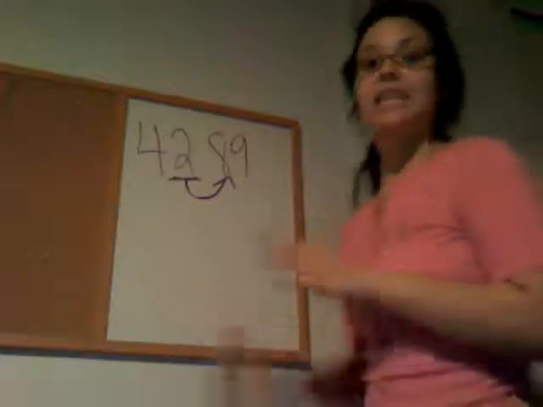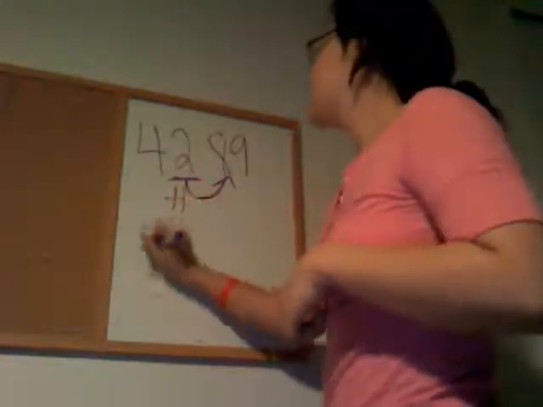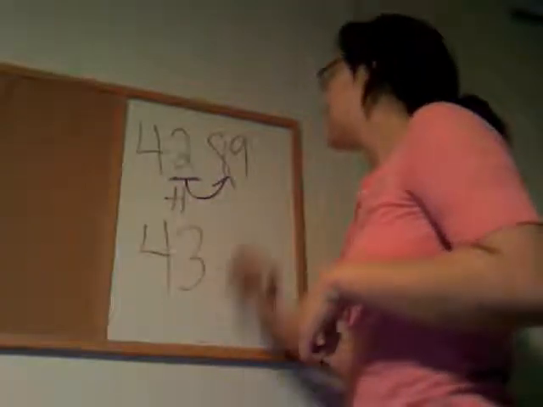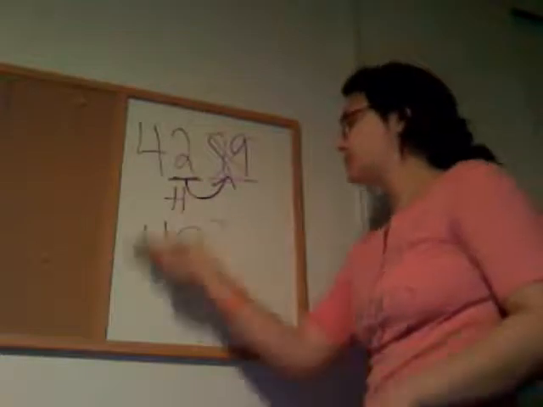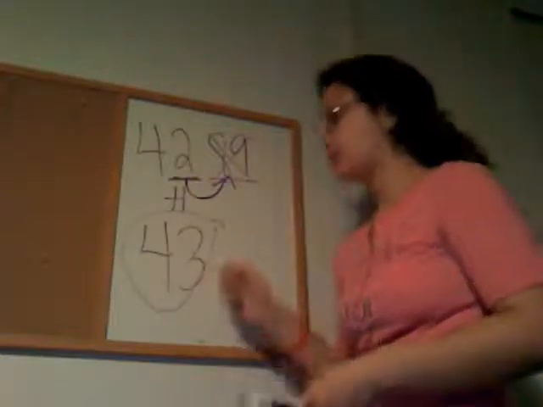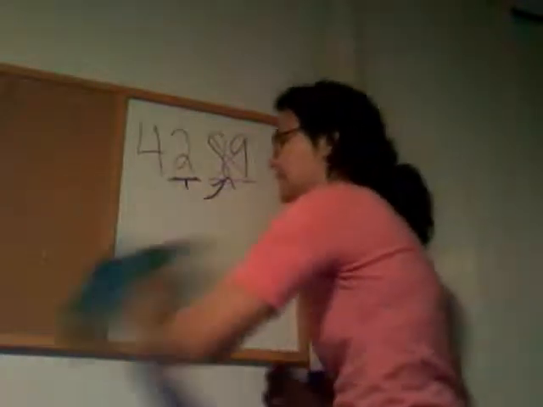So again, it is greater than 5, so we add 1, making it 43, and we drop all these digits, so giving us 43. So that would be our answer for that one. See, it's pretty easy to grasp. So there's that one worked out.